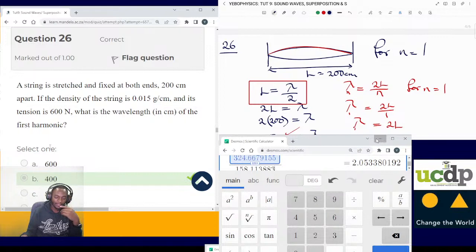Fundamental mode, the length is equal to half the wavelength. So to get the wavelength, it will be 2L, 2 by 200.